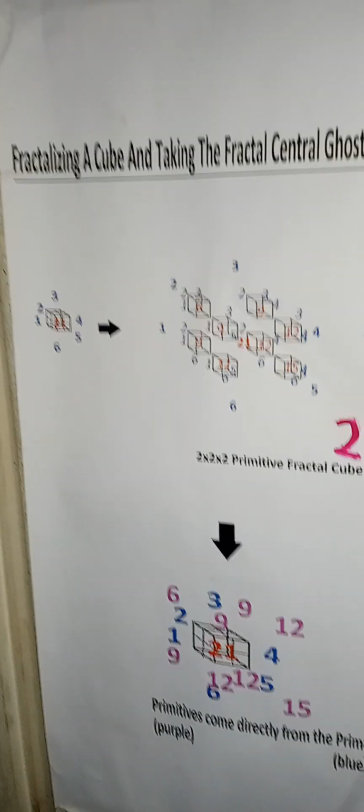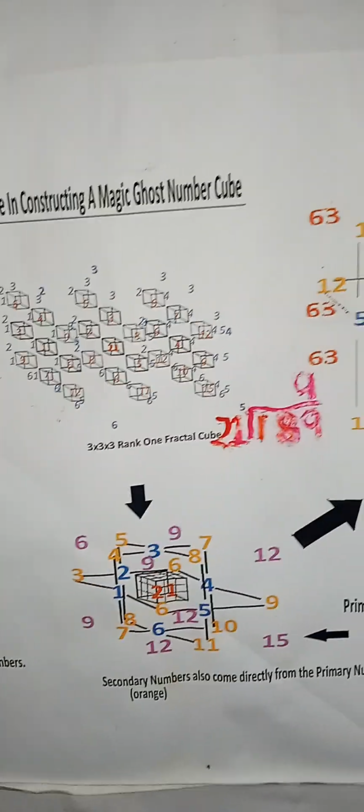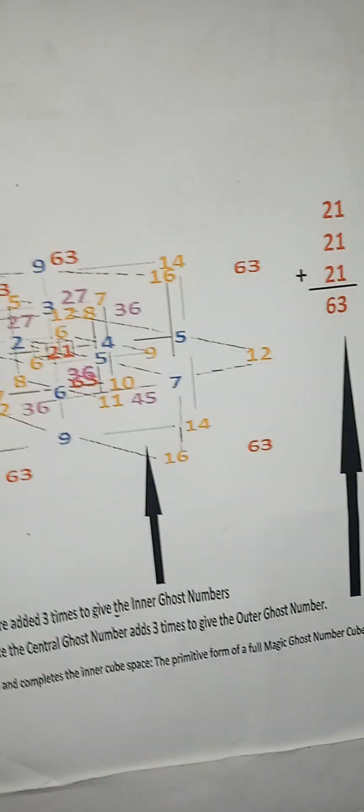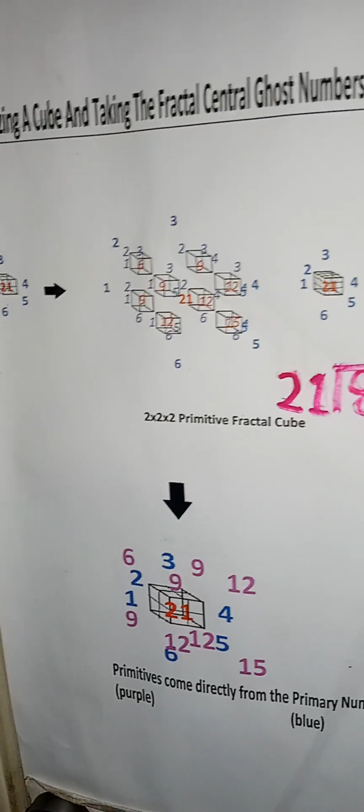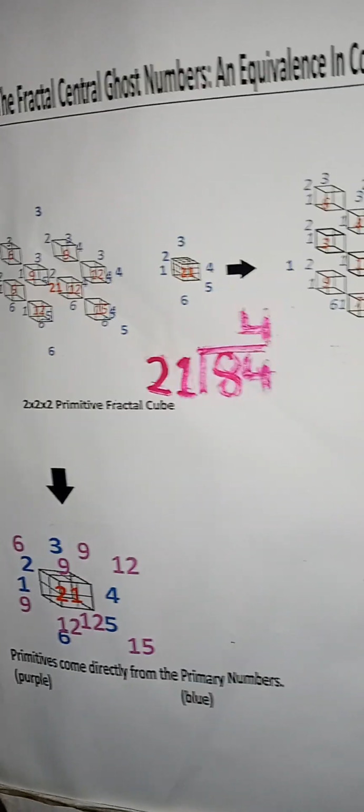This is the alternate form of constructing a magic ghost number cube. You fractalize the cube and take the fractal central ghost number. This is a primitive, I guess that's what I called it, because it doesn't have any faces or edges, it just has corners.